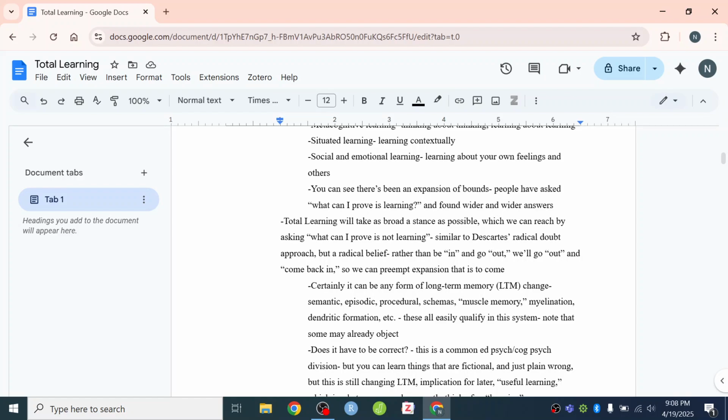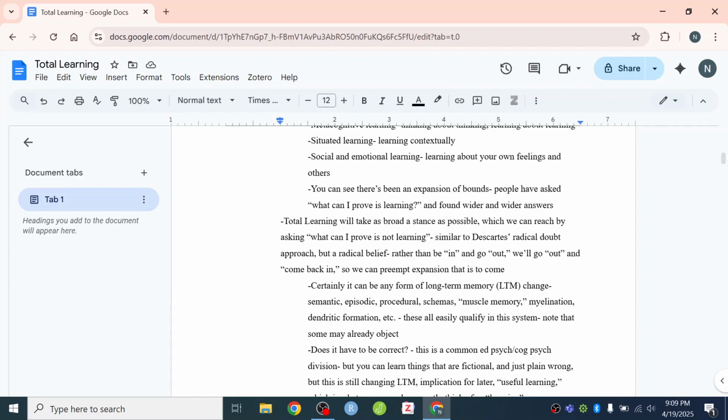And that's clearly a form of learning, and we would accept that, generally speaking, as a form of learning. And furthermore, once you are okay with the idea that you can learn something that's fictional, you can also learn something that is just simply wrong. You can learn someone's phone number and later discover that you have actually learned someone else's phone number, not the person that you were thinking.